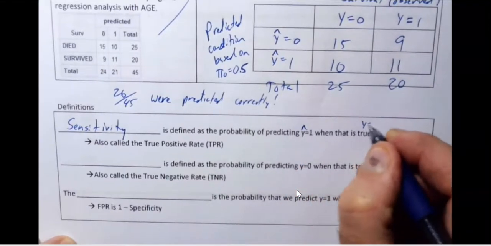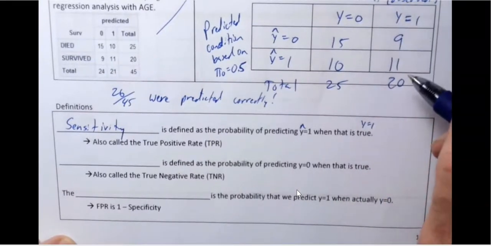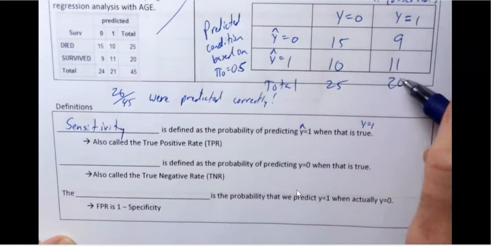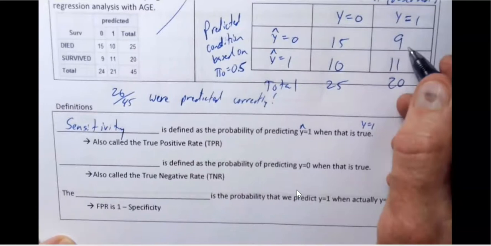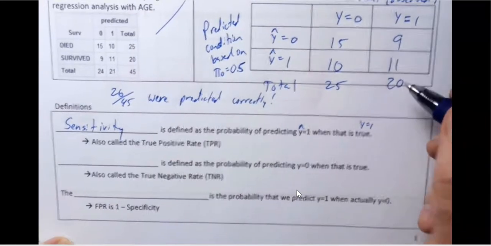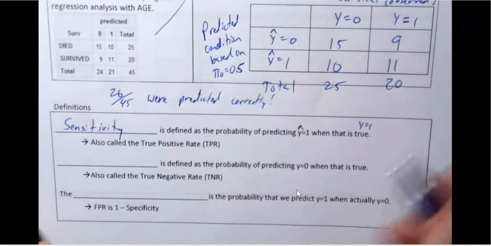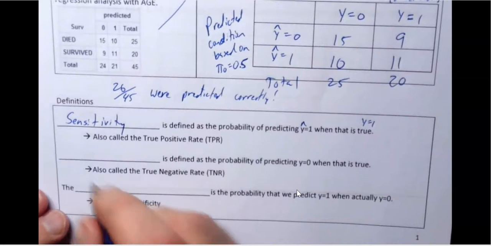That is, when y actually does equal 1. So what's the probability of predicting that y equals 1 when y hat equals 1? This is also called the true positive rate, and from our table, you can see that it's 9/20. And we'll come back and talk about this in a second. We'll relate it to our actual data momentarily here.